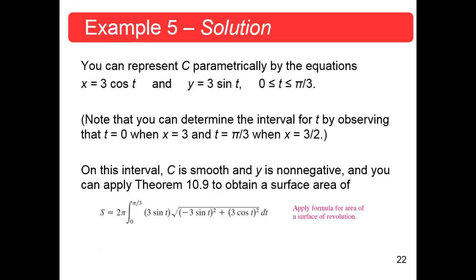The surface area is 2 pi, the integral over the interval that t is going from. Your y value, which is revolving around the x-axis, is 3 sine t, times the square root of all that, and we did this before, and this would be 9 sine squared plus 9 cosine squared, that would be 9, square root of 9 is 3, there's a 3, take those 3's on the outside. Okay.